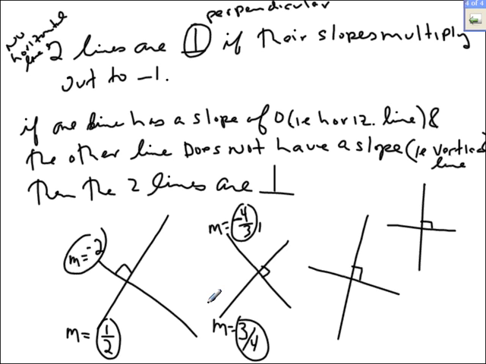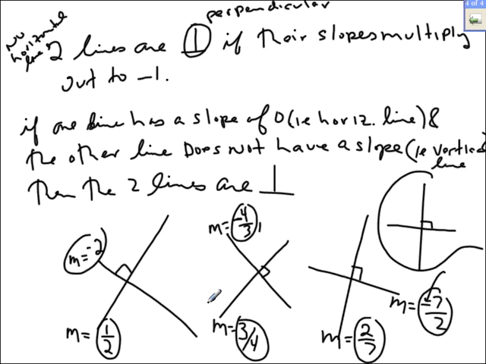This slope maybe is negative 7 over 2, so the other slope is flip it over, 2 over 7, and change the sign. The sign is negative, so that number should be positive. You don't have to write the slope. Now, why did I have to isolate this one?